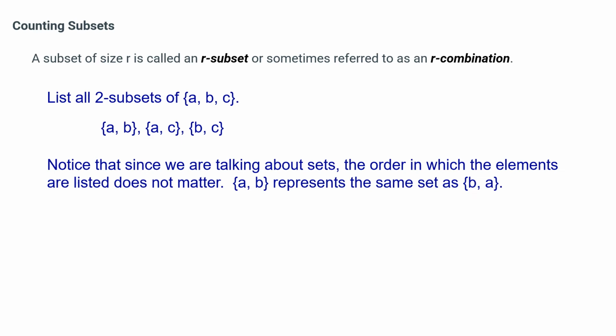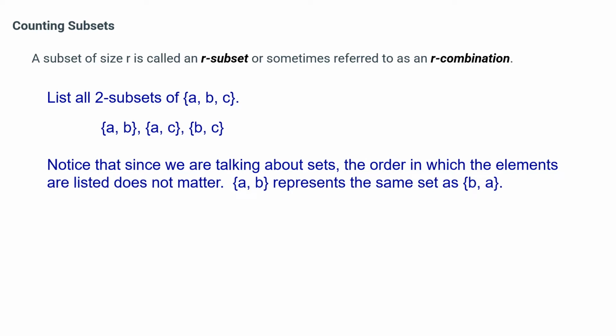Now, you might say, well, why didn't I list {b, a} and {c, a} and {c, b}? But remember, if we're talking about sets, the order doesn't matter. So if I have the a and the b in the curly braces, that just means this is a set that includes these 2 elements a and b.